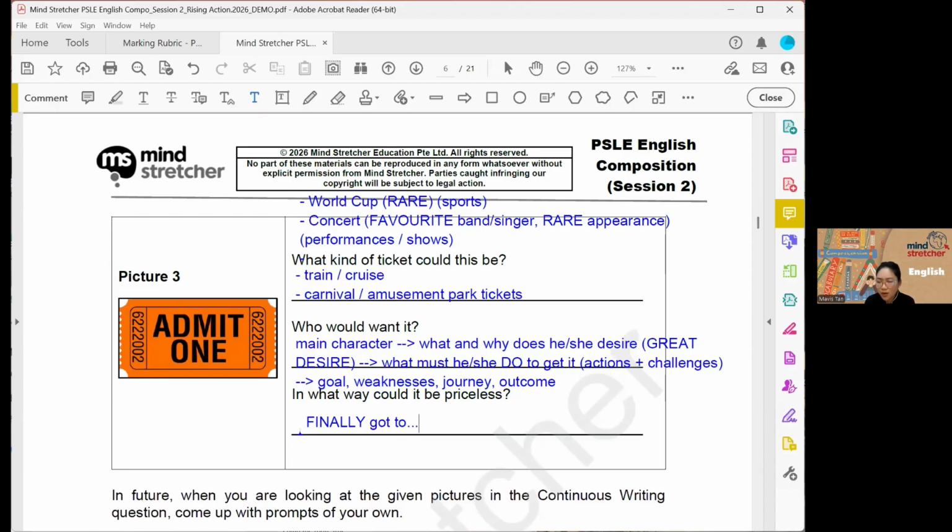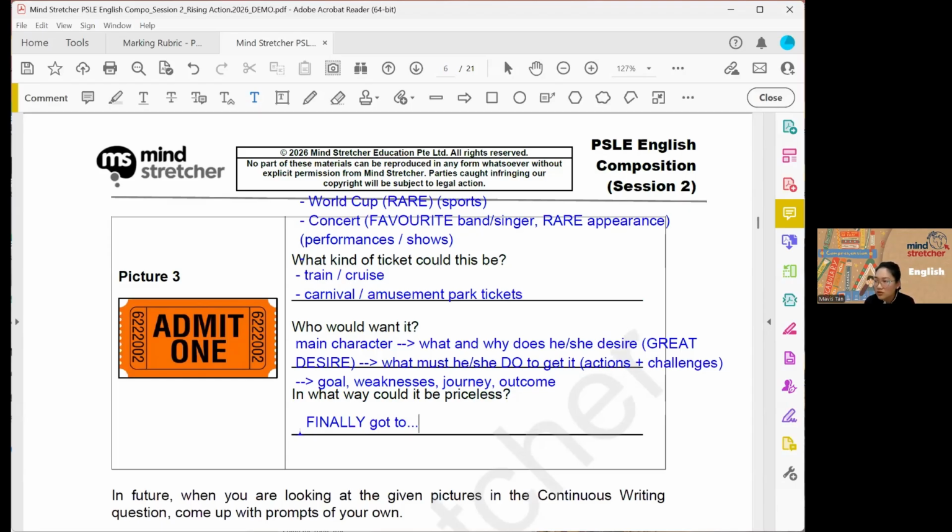Okay, if all the performers are given one ticket each, and then the organizer wants to sell more tickets, the organizer can't give you 10 tickets to give out unless no one wants to come to watch the performance, right? So every ticket is precious. And usually, if they give each performer one ticket, then whom are you going to invite, right? So that makes it very precious.